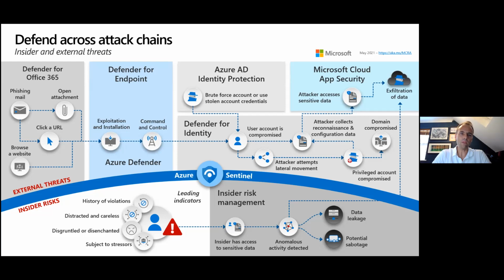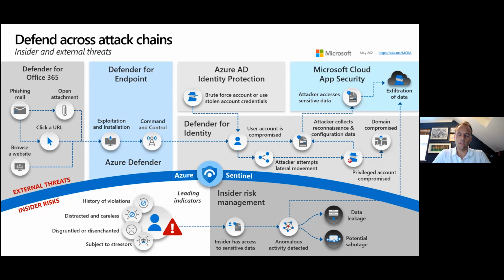But if it does get through, and we move across to the exploitation of those devices and command and control, that's where Defender for Endpoint can come in and report those anomalous behaviors into the portal. And as the user starts to move laterally across and compromises user accounts, Defender for Identity will be able to pick up those anomalous behaviors and alerts, and also report up.